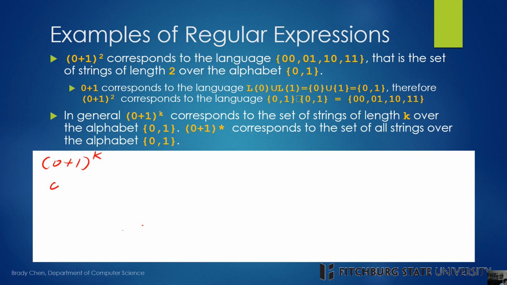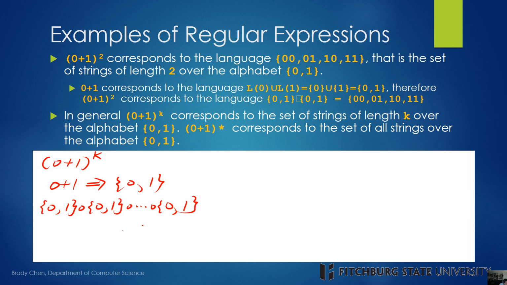Again, 0 plus 1 corresponds to the language {0, 1}. To the k means it's a concatenation of k copies of the same regular language.